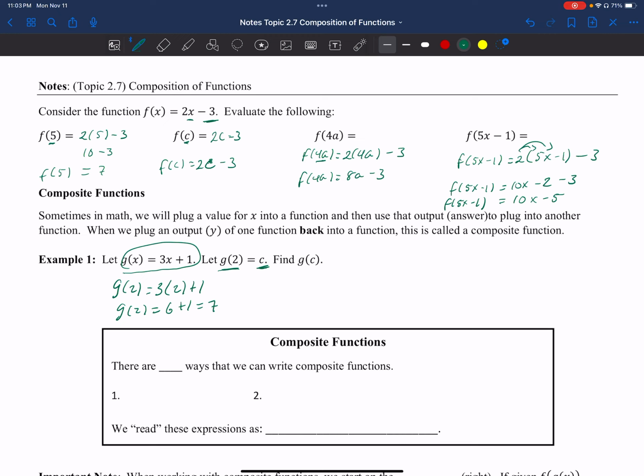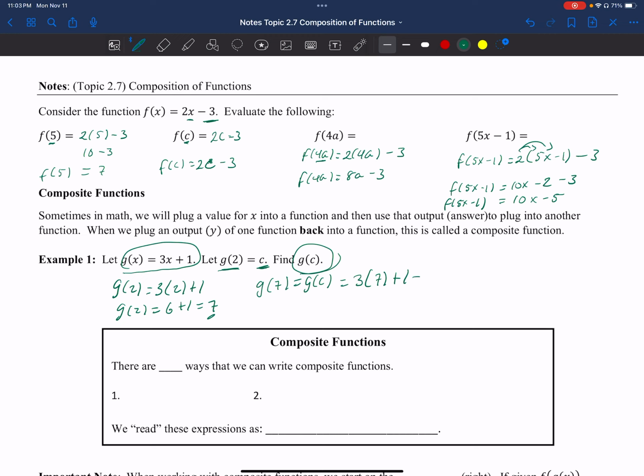And then notice how I'm inputting that same function back into g again, because I want to find g of c. I know that g of 2 is equal to c, so I'm actually looking for g of 7, which is the same as g of c, which is the same as 3 times 7 plus 1.